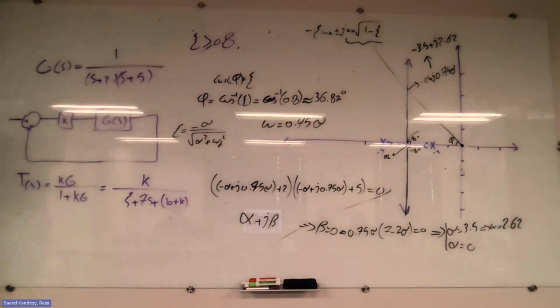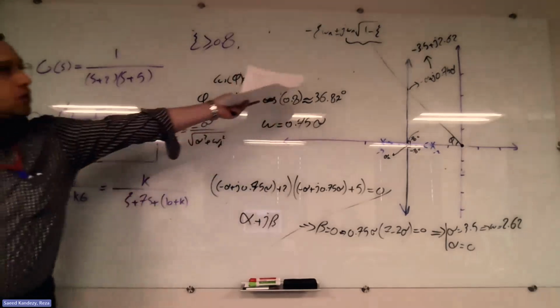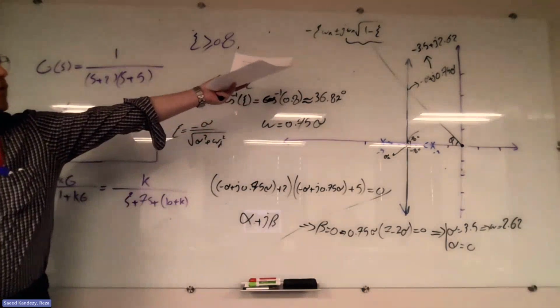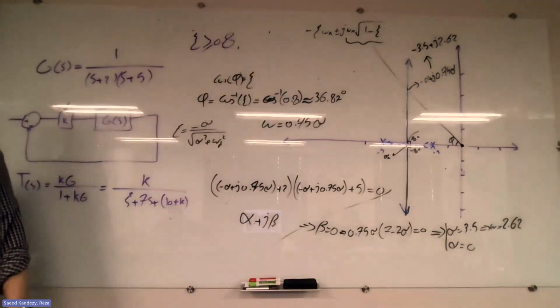This is the trajectory, but the variable that I have control over in my design is that K, all right? This is my control value. And I wanted to get that coefficient equal to 0.8, so I have to tune this K in a way that my pole becomes minus 3.5 plus j 2.62.